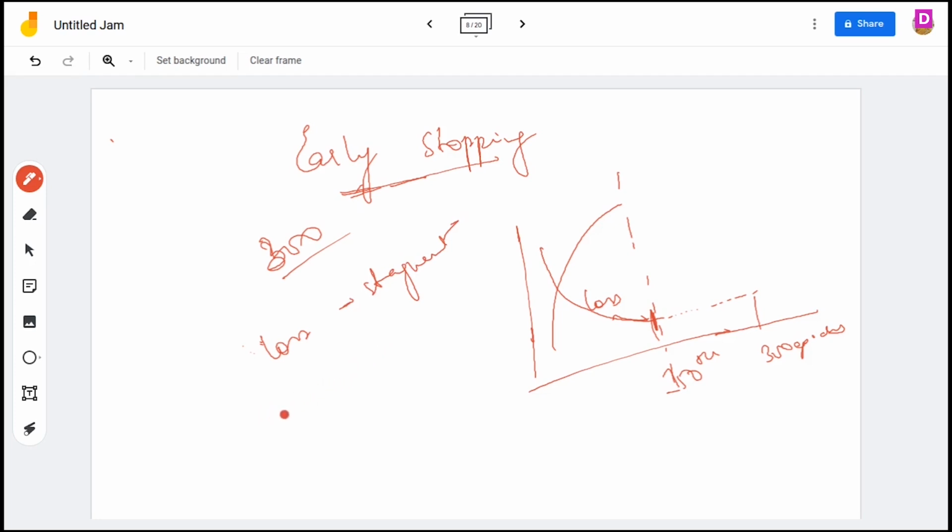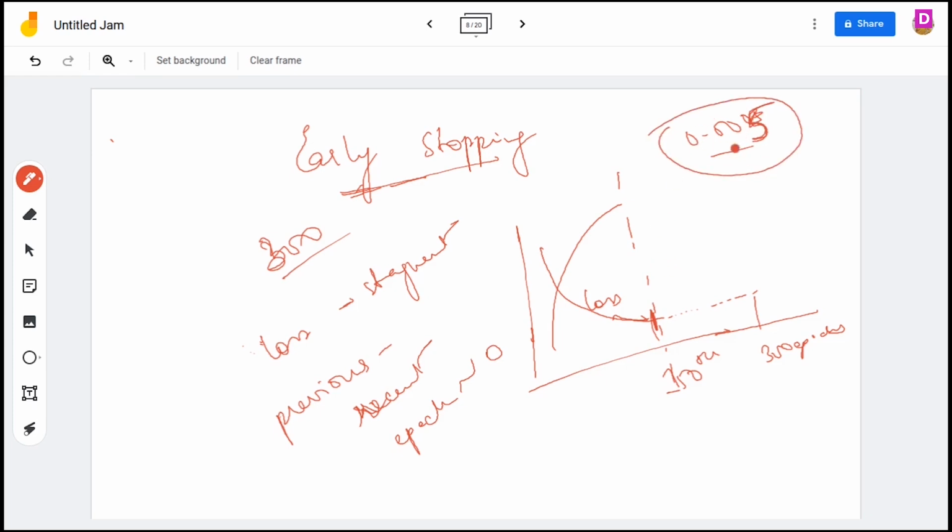One thing you can do is take the previous epoch's loss minus the recent epoch's loss, and the difference is close to 0. So you can fit in a factor and say, okay, if my loss threshold is 0.005, and the loss is greater than this, I'll keep going. If the loss gets less than this, then I'll stop.